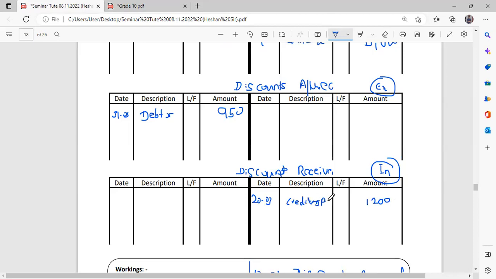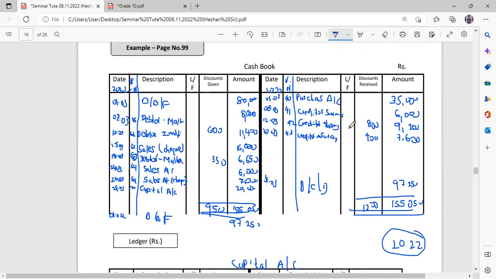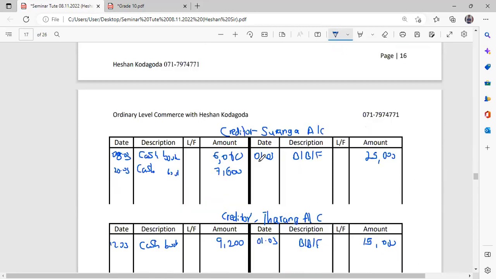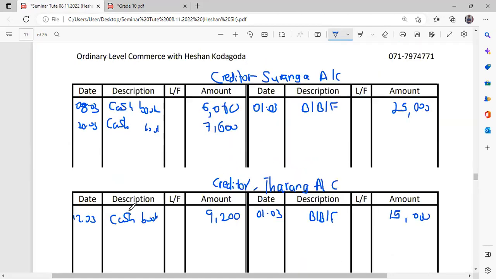So we need to find the relevant creditors, creditor Tharanga and creditor Suranga, 12th and 20th. Creditor Tharanga, this is Tharanga, 12th March. When a liability decreases, we debit it.